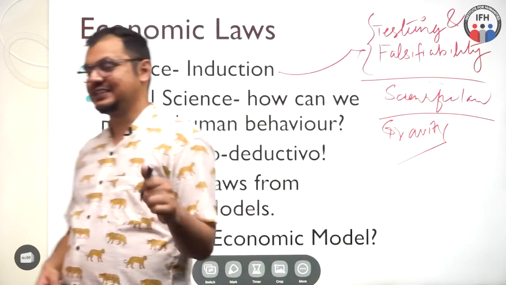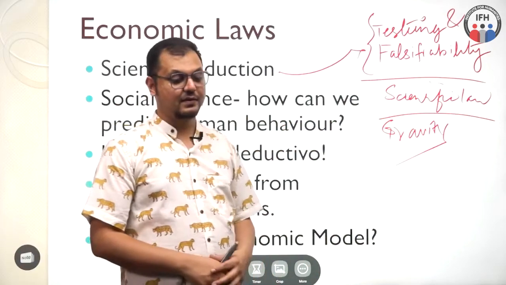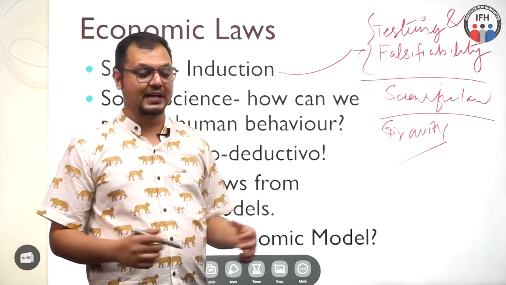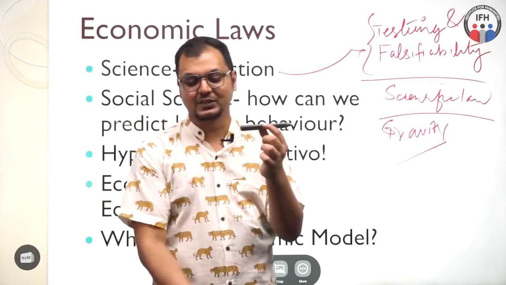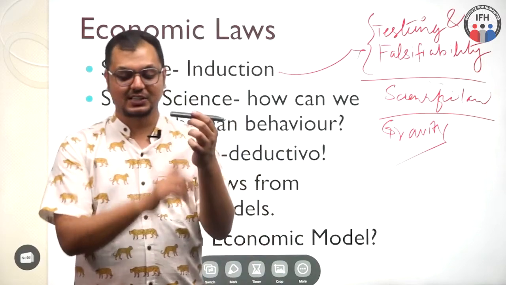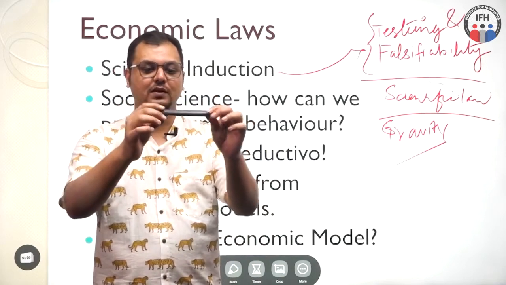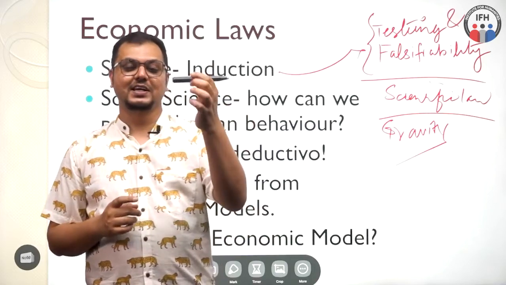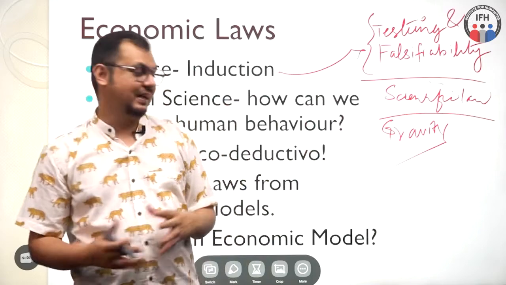But once gravity is a scientific law, once this induction has occurred where Newton knows that when there is a body in free fall, there is a gravitational force of this earth operating on it, that is an inductive relation that has been established.